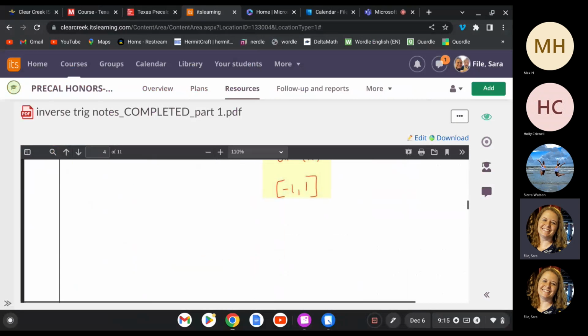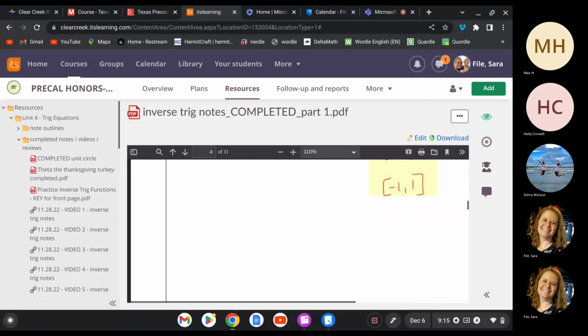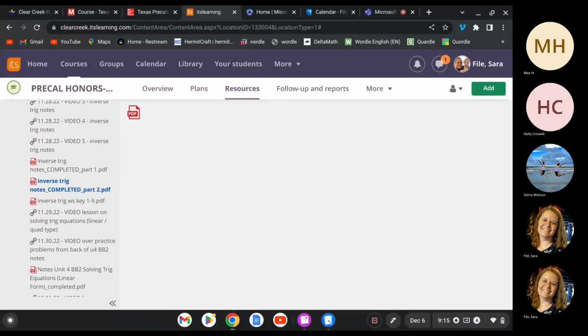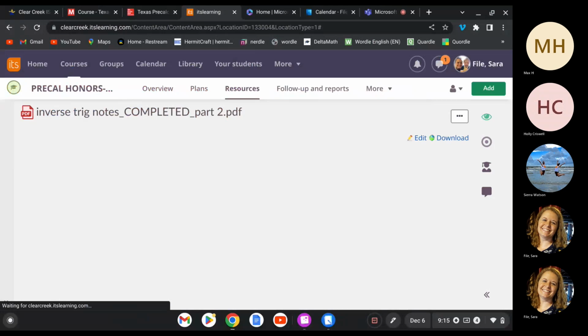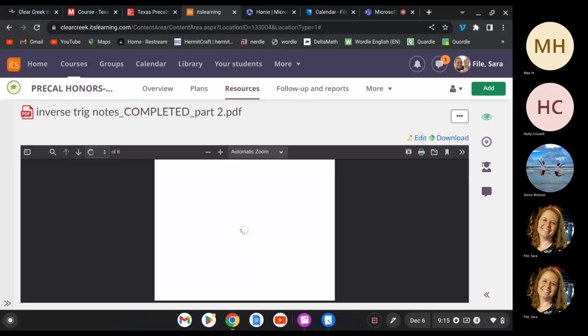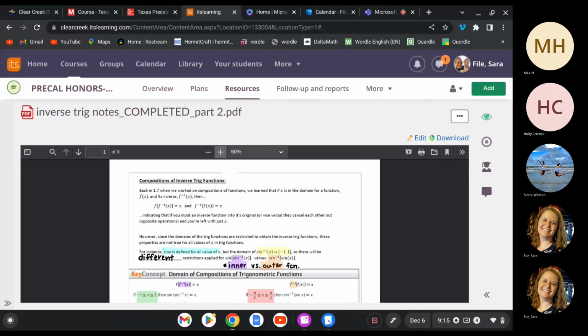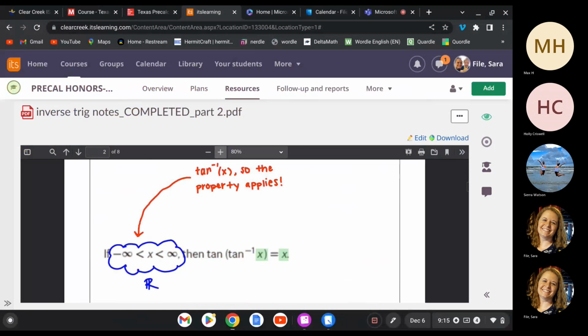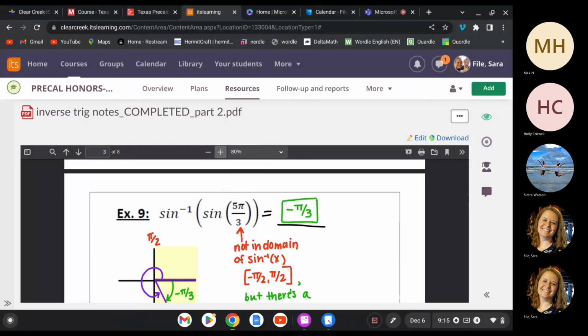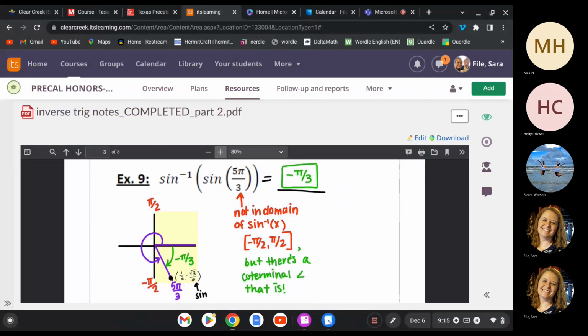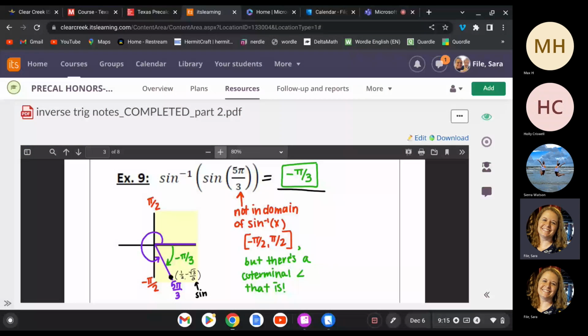We did, oh, composition was part 2. So like here, the way that this one is written, the arcsine is the outer function. So now this final answer is the output of the inverse sine.